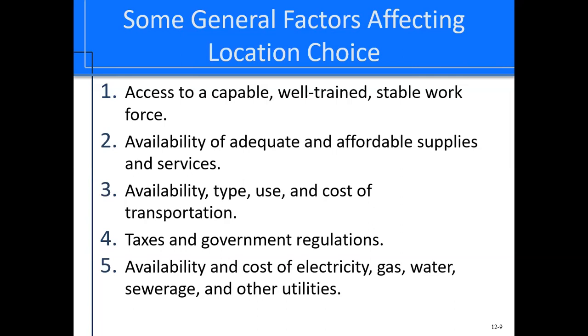And the transportation, the road condition. And then the taxes, government regulation, whether or not they have available electricity, gas, water, sewage, other stuff. If not, how much does it cost? So those are the things that you need to think about.